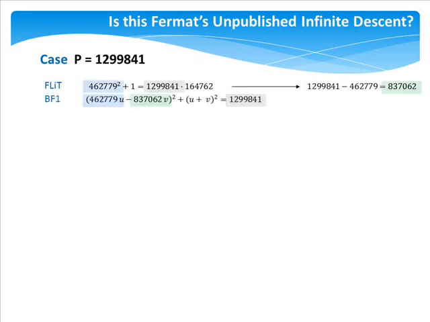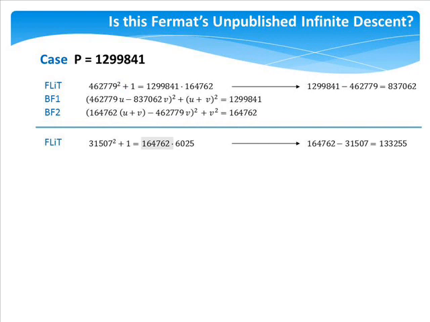So the beautiful formula for 1,299,841 involves those values and the variables u and v. And we can deduce a beautiful formula for 164,762, which involves the same variables but in a different form.